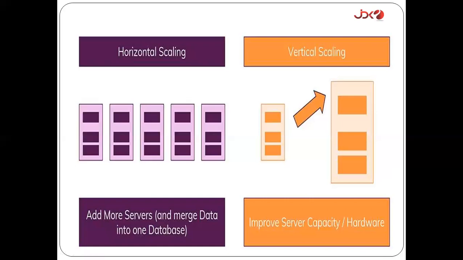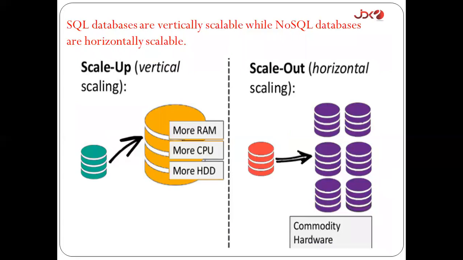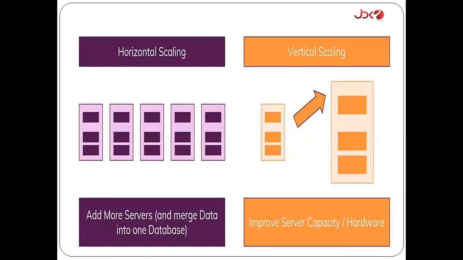We can add more RAM, more CPUs, and more HDD, like a single server we can maintain. We can increase the sizes and add hardware devices. So the main difference is that in horizontal scaling, the data is processed faster than with vertical scaling. NoSQL uses horizontal scaling, and SQL uses vertical scaling.